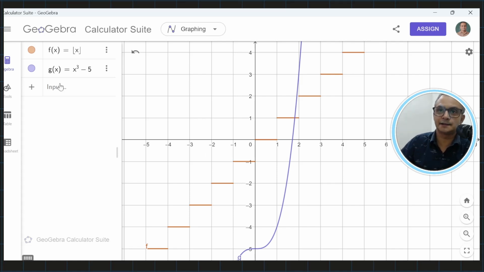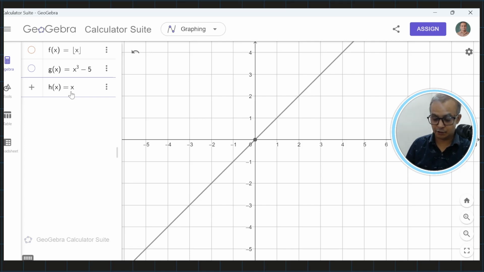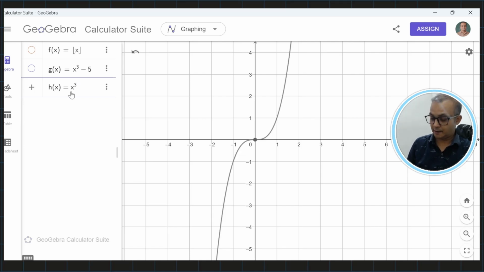So for that, let's disable these two and start afresh, and I'm trying to draw x cube minus box x. So I'm taking a new function h(x), and that I'm calling x cubed minus the floor x.